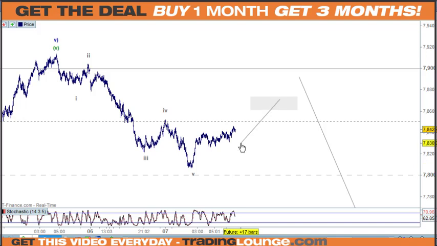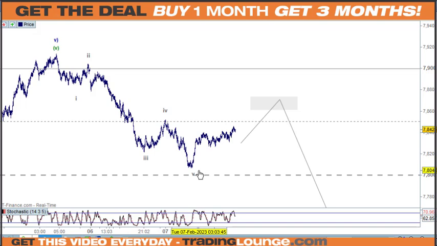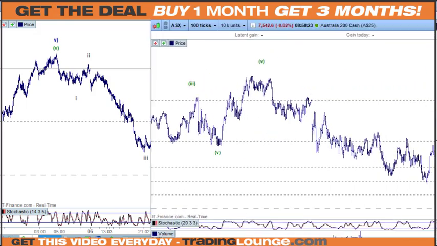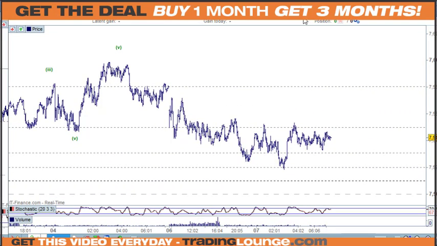If it gets 5 waves to the 61.8%, then it's bullish, but if it gets 3 waves, then we'll be looking at being bearish at that point. I'll need to see more of this, but this is certainly a good case for having 5 waves here.